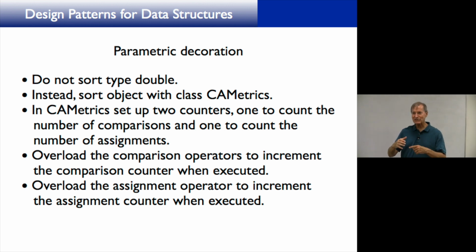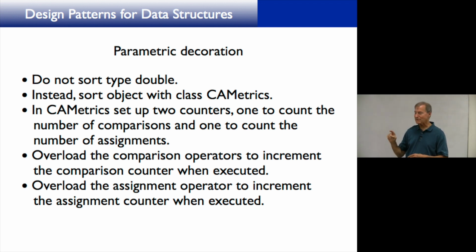We want to have these counters increment. So the counter is inside the class that we're sorting. Are you with me? The counter is inside the class. So we're not actually sorting the counters, but we're sorting objects of a class, and that class has the counter in it. Do you see what I mean? And so that T in our abstract sorter is going to be a CA metric.